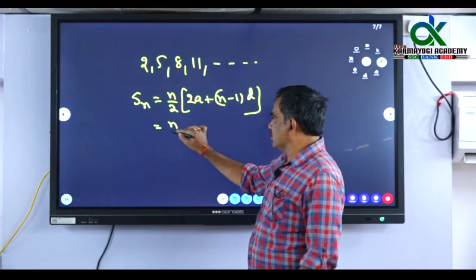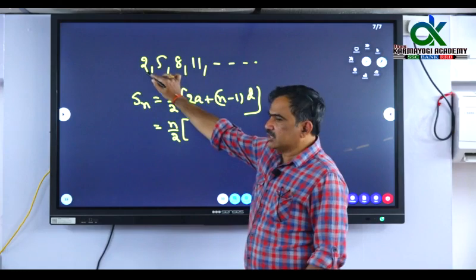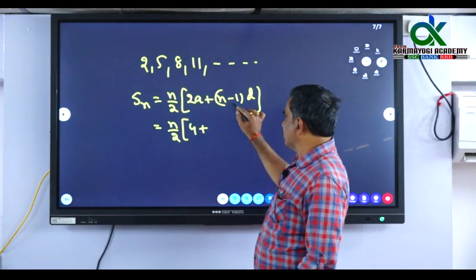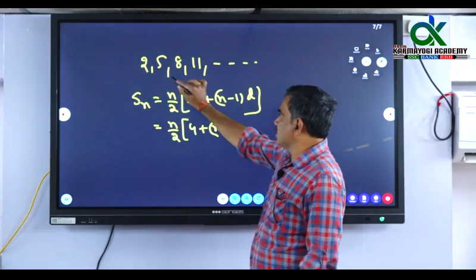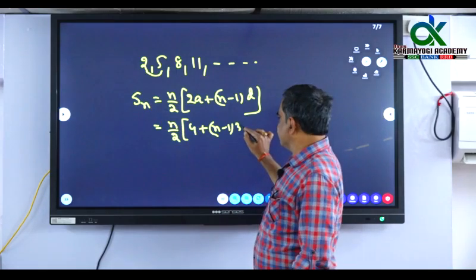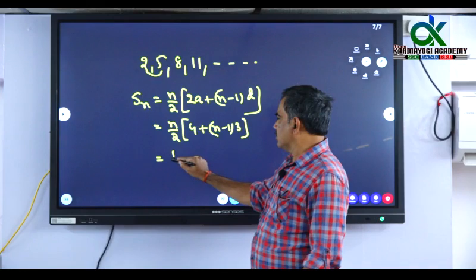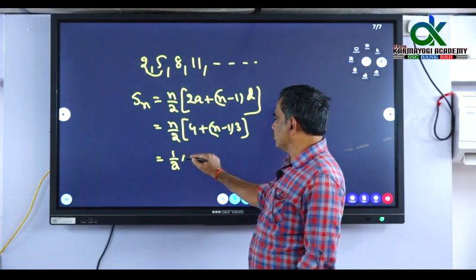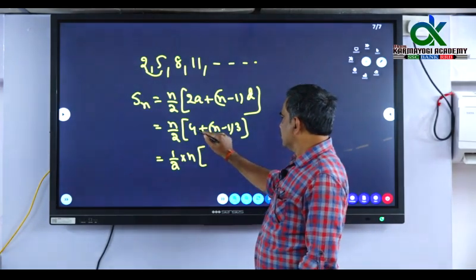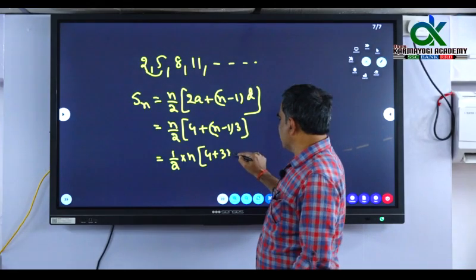This can be written as n by 2 into 2a, means 2 2's 4 plus n minus 1 into, what is the common difference here? 3. This can be written as 1 by 2 into n into 4 plus 3n minus 3.